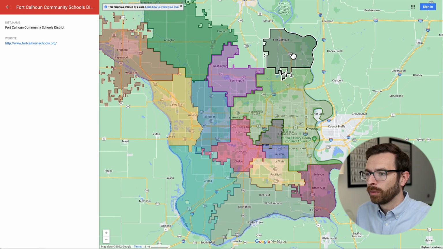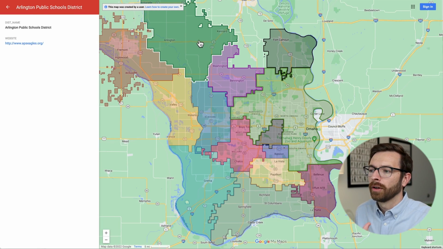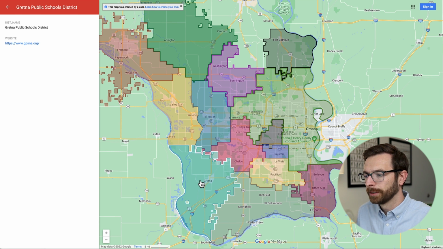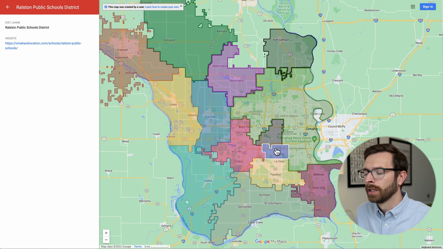To the north, we've got Fort Calhoun, we've got Arlington School District, and then Fremont. Heading to the south and more Sarpy, Cass County area, you've got Gretna down here. And I don't think I touched on Ralston. So Ralston is a school district that's in Douglas County, smaller school district.